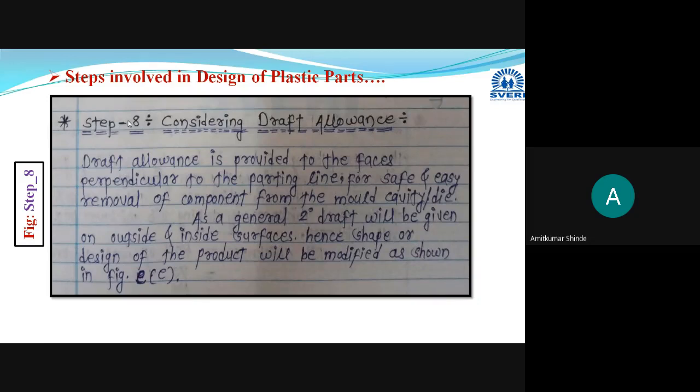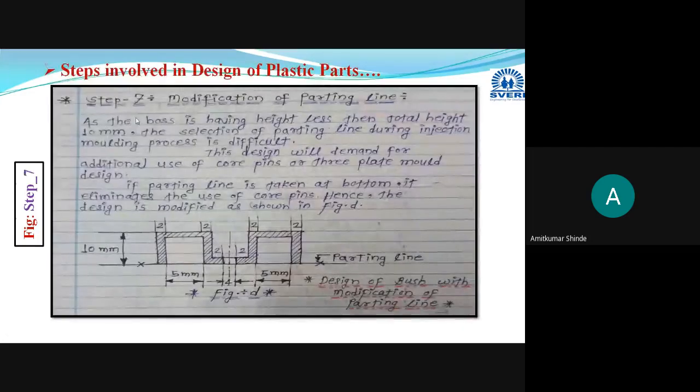You have to provide the draft allowance on whichever faces are perpendicular to this parting line, for easy removal of the final part or product from the mold. Some draft or taper you have to provide on the faces which are perpendicular to this parting line.